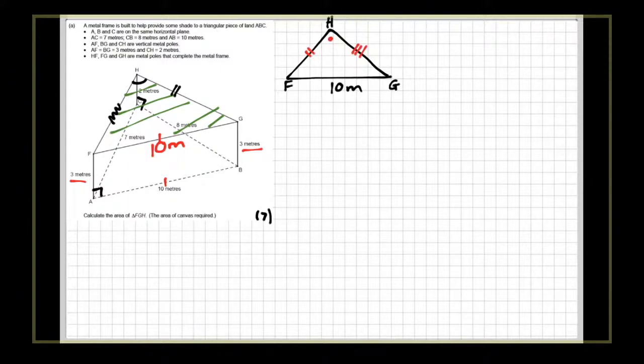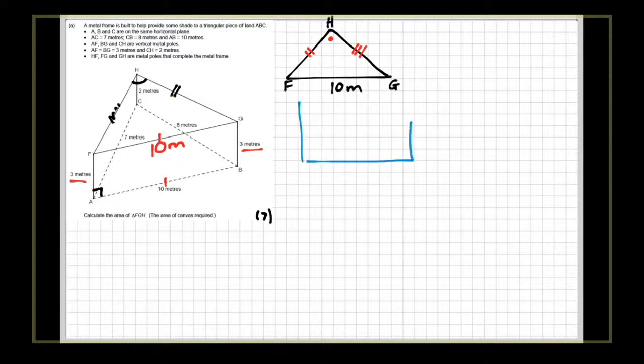So something that we can do now, I'm just going to erase this so I can work on my sketch, is look at my two sides. I'm going to look at the side on the left, so I'm going to look at AFHC.